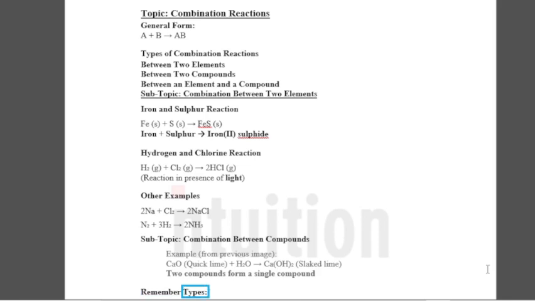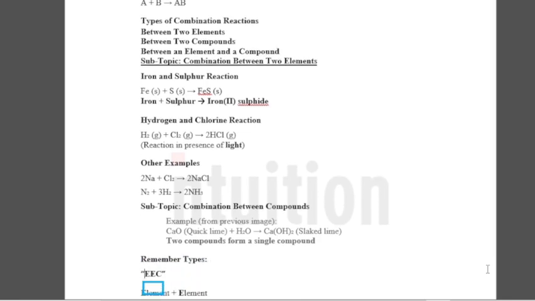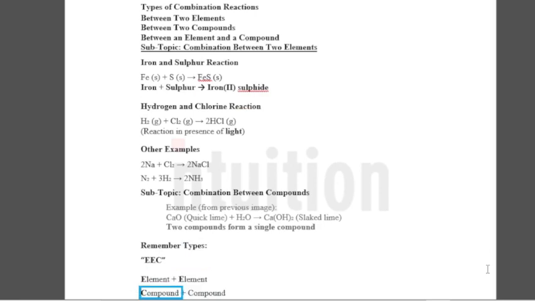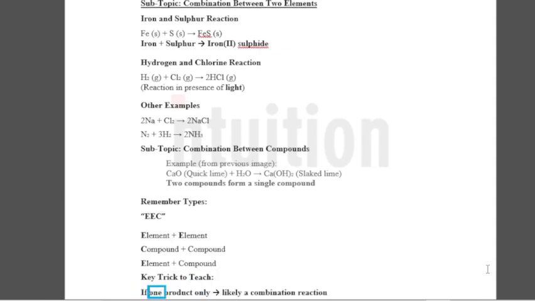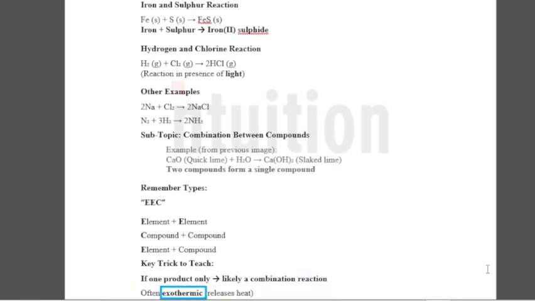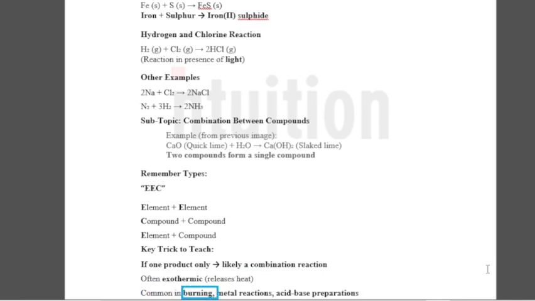Remember types: EEC. Element plus element, compound plus compound, element plus compound. Key trick to teach: if there is one product only, it is likely a combination reaction, often exothermic, releasing heat.